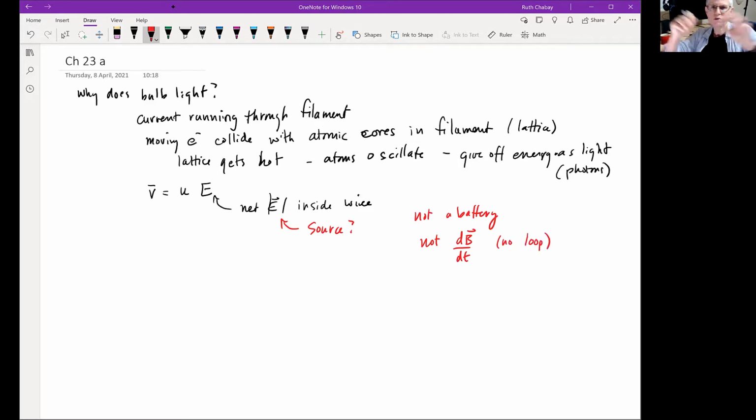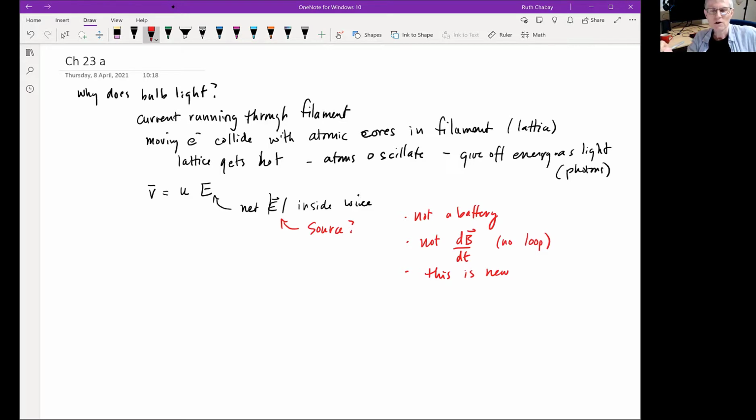So there's no closed loop there. So this is a new thing. And what we want to do is understand it.